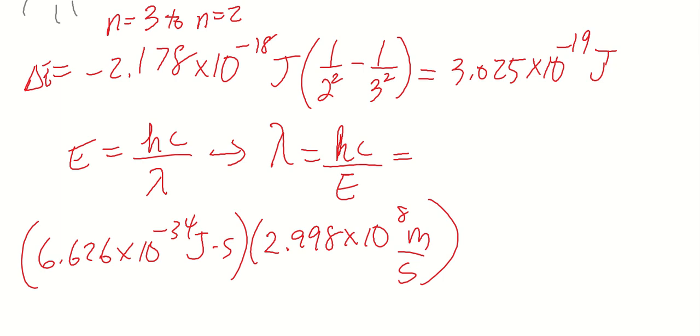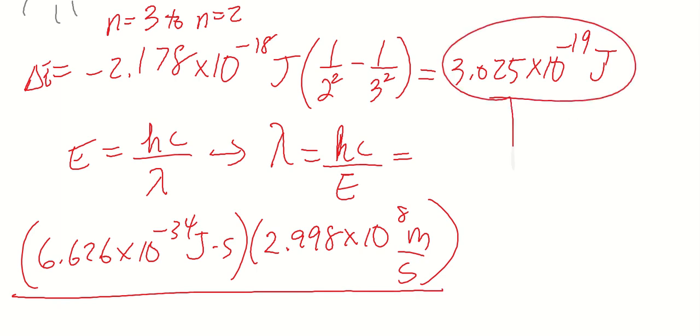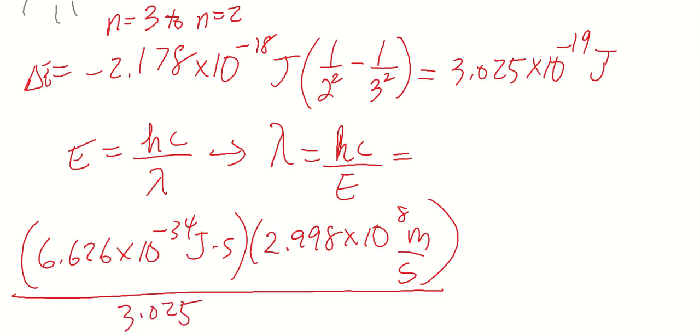Let's do the energy term too, all over energy, that's 3.025 times 10 to the negative 19. This is not rounded, so we're good. Don't round until the end. Joules cancel out, seconds cancel out, and we are left with meters. That's good, because that's what you can use to measure wavelength.